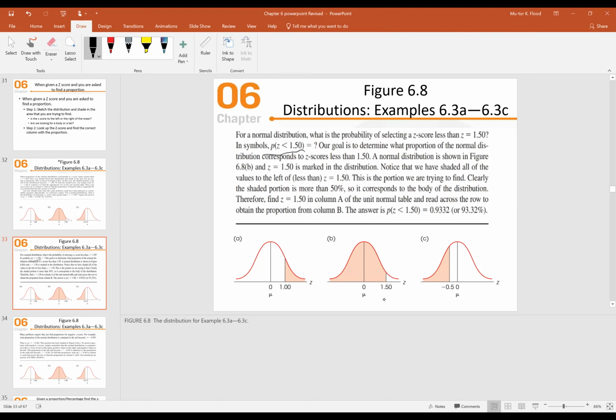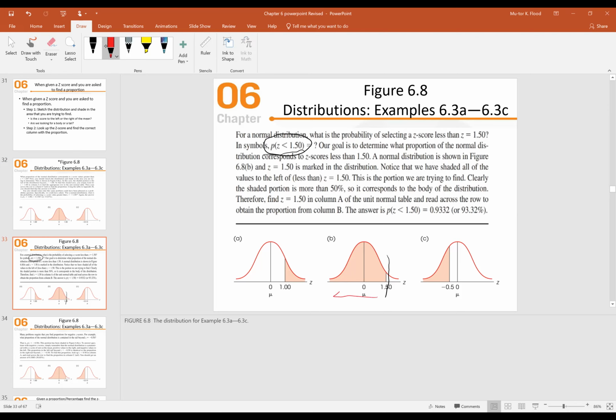So the z-score of 1.5 is right here, and this is the proportion we're trying to find. Clearly, the shaded portion is more than 50%, so it corresponds to the body of the distribution. The question is asking, what is the probability of finding a z-score that is less than 1.5?